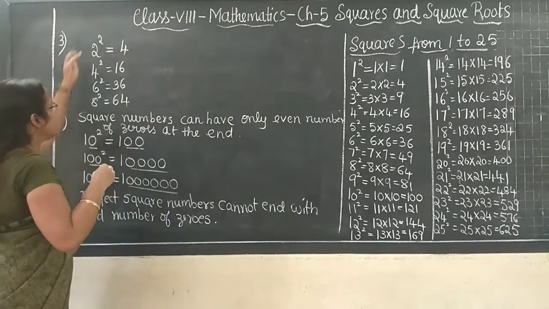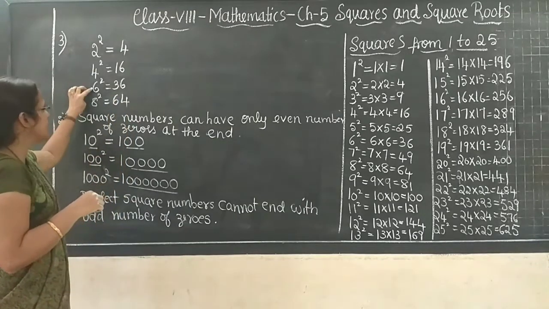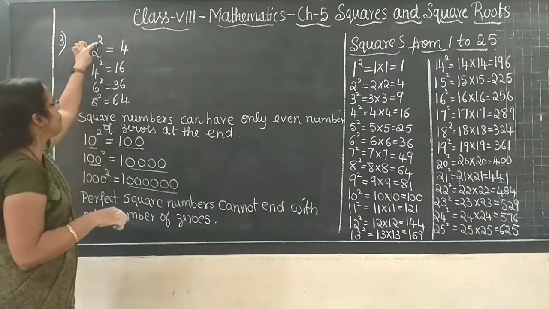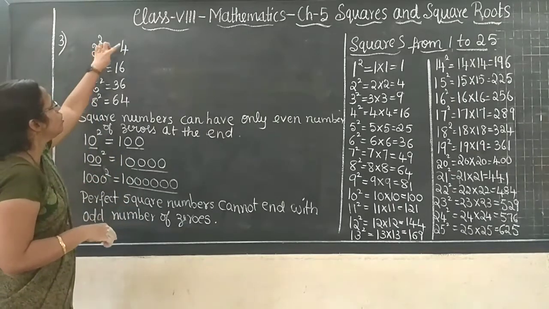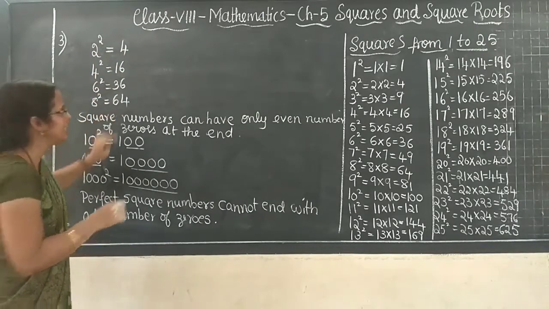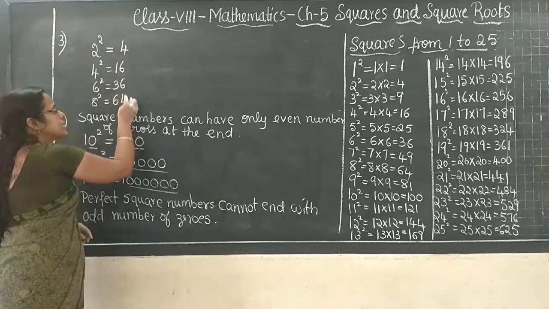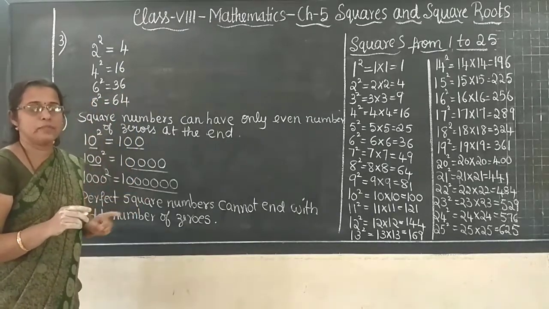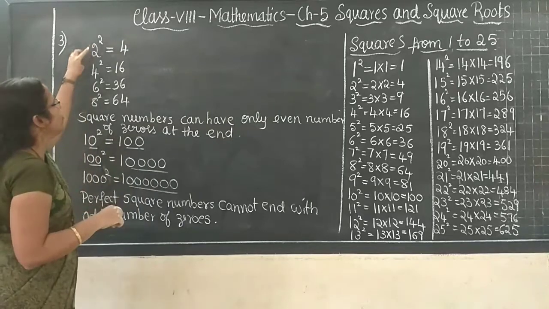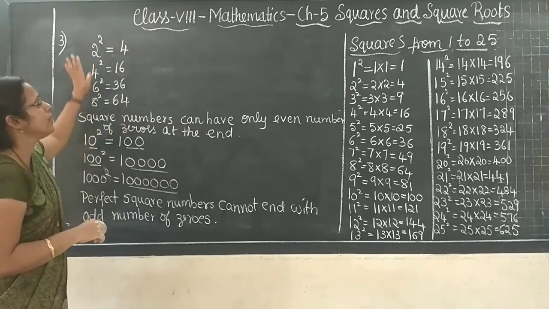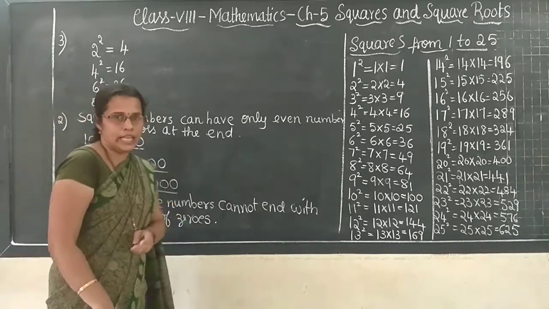So just see, 2, 4, 6, 8 are even numbers. So the square of an even number is always even or odd? Even, right? See now, 4, 36, 64 are all even numbers. That means what do you understand? Square of an even number is always even.